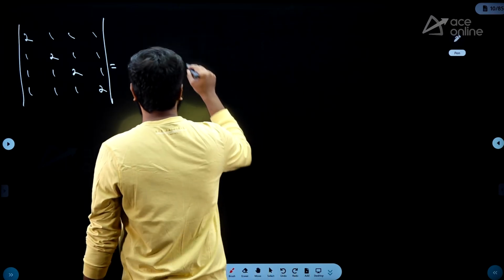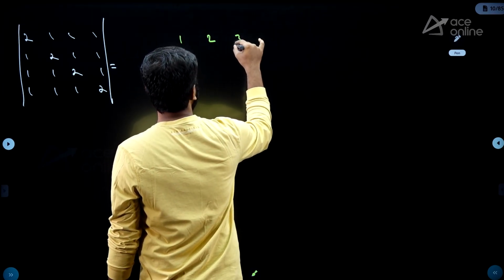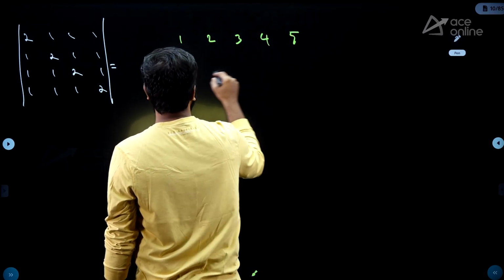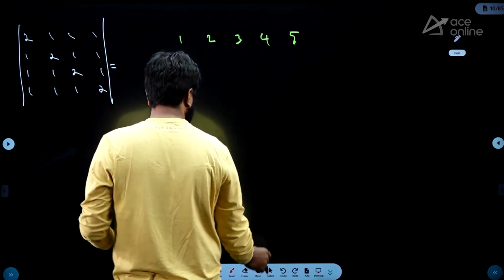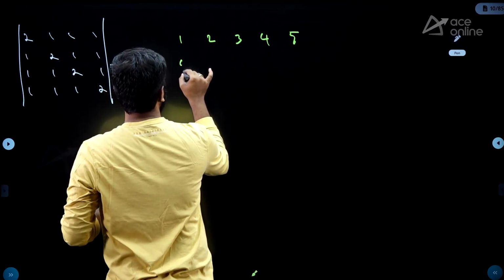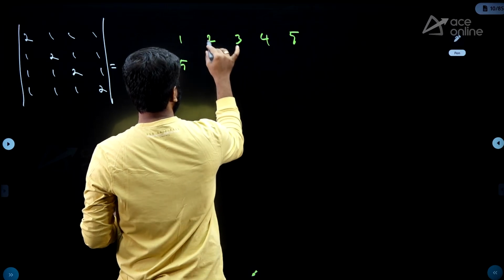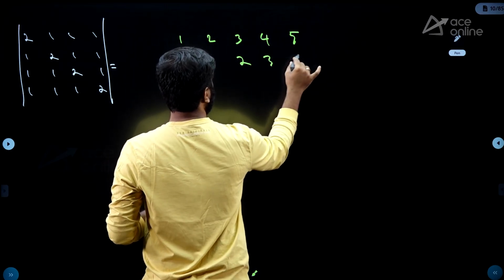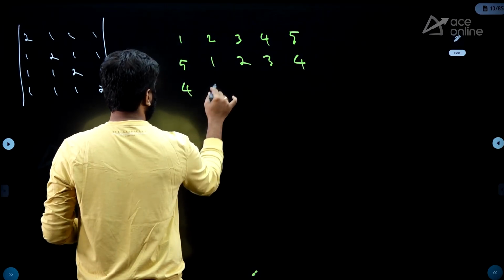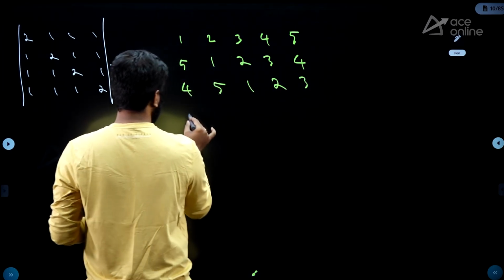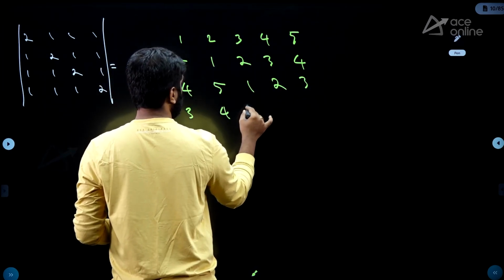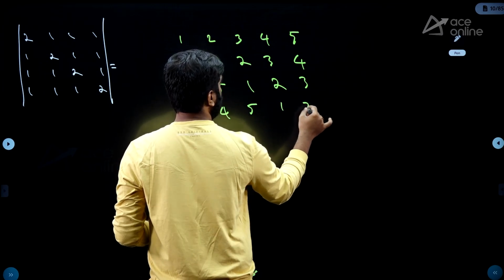There was one more question like this: 1 2 3 4 5. This is called a cyclic matrix, students. You bring the last element to the front and continue in a cyclic way to construct the entries.